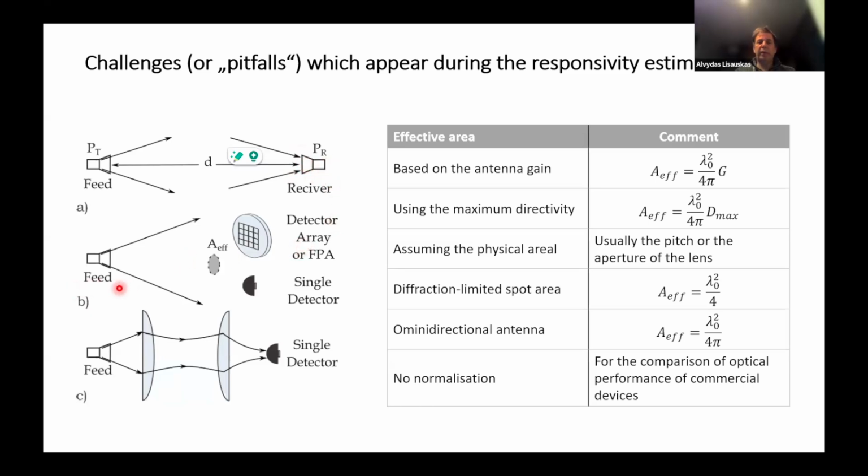For a type B, we don't use such horns, and it would look like this. It's actually very similar to the first case. We can see what would be the physical area. And this is where even I myself, at the very beginning in 2007, made a mistake, saying that the physical area probably is the area of metal.